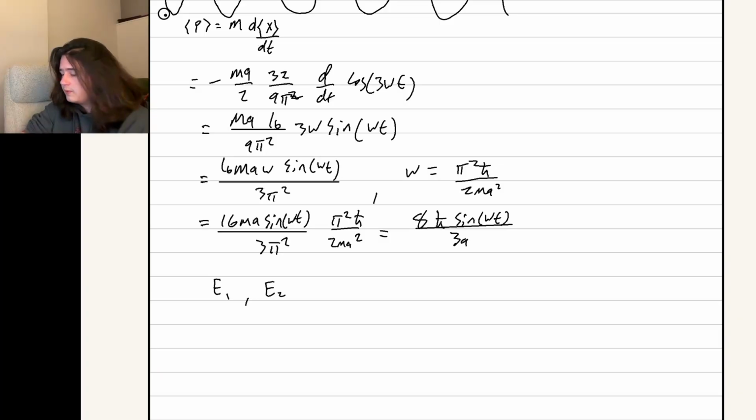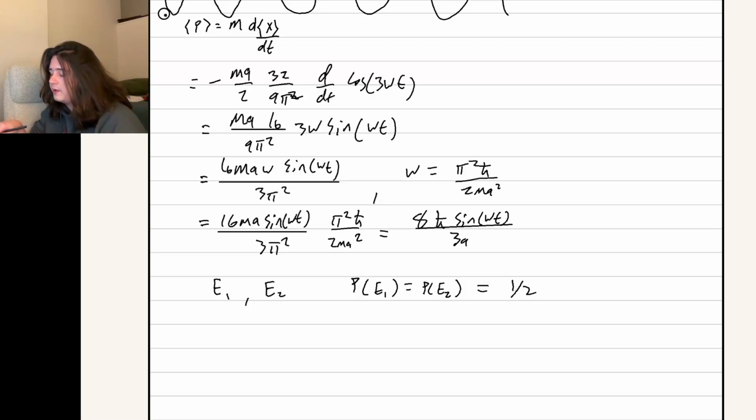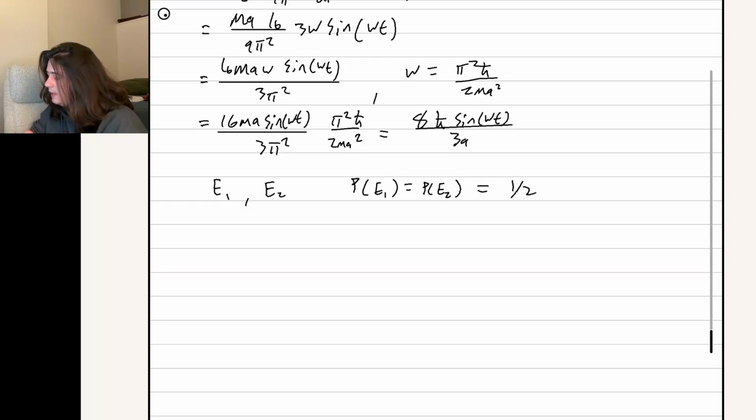But since it's just the first two, we just have the first two. And since we normalized it so that they're just pretty much adding together with the same multiplier, then we know that the probability of each of them is going to be 1/2. There's probably a more rigorous way to calculate that, but that's just how we define the problem. They're both a half.